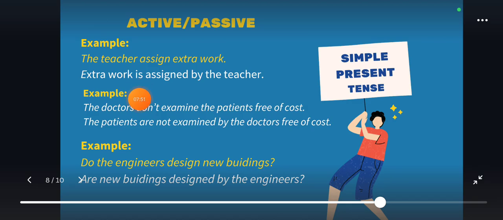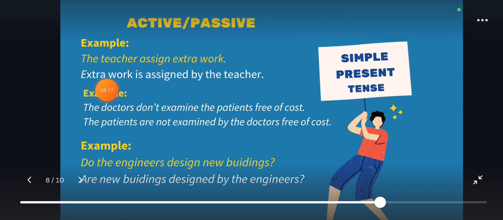So you just have to change the helping verb according to the tense, and you will identify any tense from its verb. Over here we have first form assigned, so it is simple present tense. Now look at the whole sentence structure: the teacher is the subject, assign is the verb, extra work is the object.